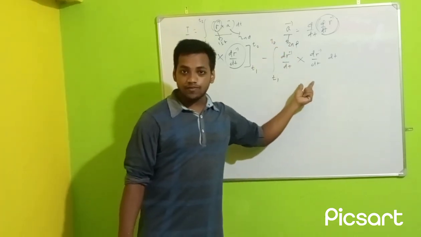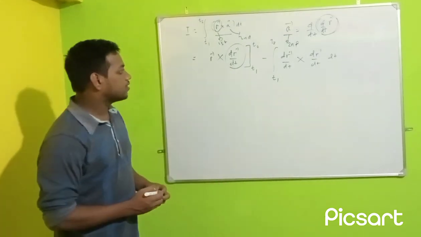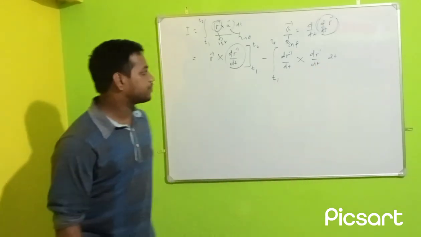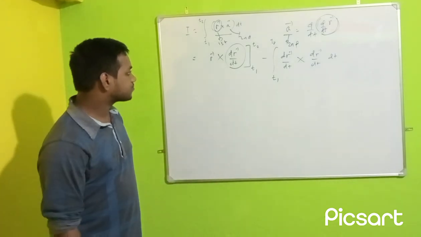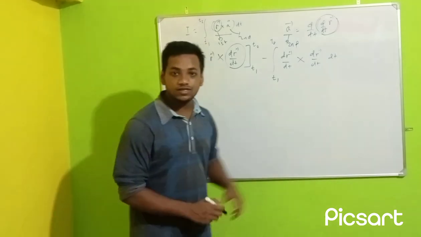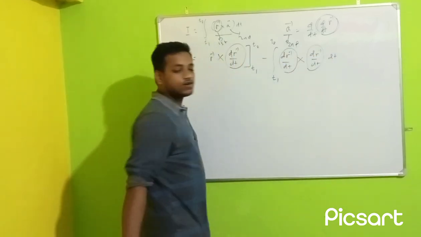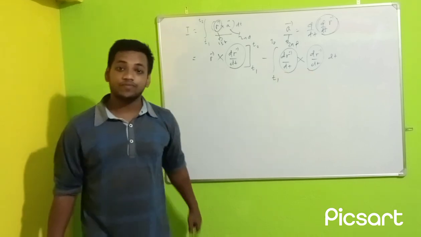Now, what am I doing here? Just look. This term, dr by dt cross with dr by dt, is the cross product of the same vector. Cross product of the same vector becomes 0.